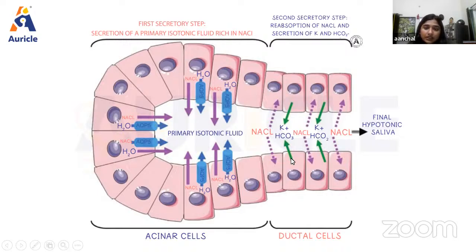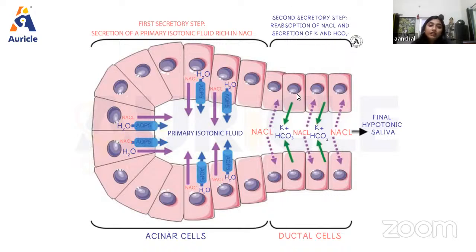But these duct cells are impermeable to water, so the water cannot be reabsorbed by these duct cells. So in the first secretory step, the secretion of a primary isotonic fluid is rich in NaCl, and in the secondary secretory step, there is reabsorption of NaCl and secretion of potassium and bicarbonate.